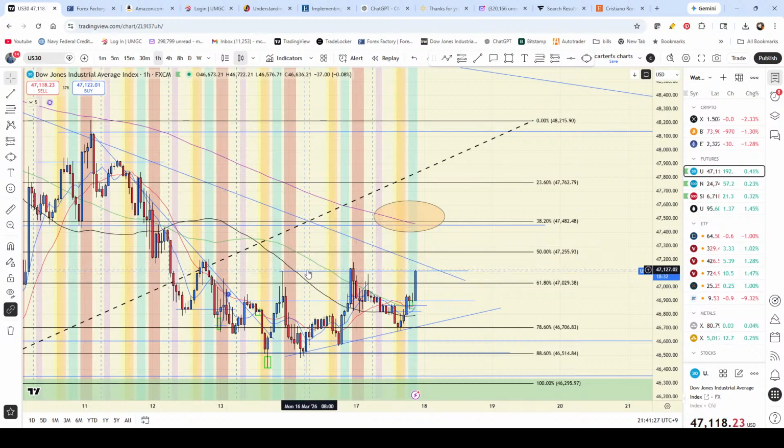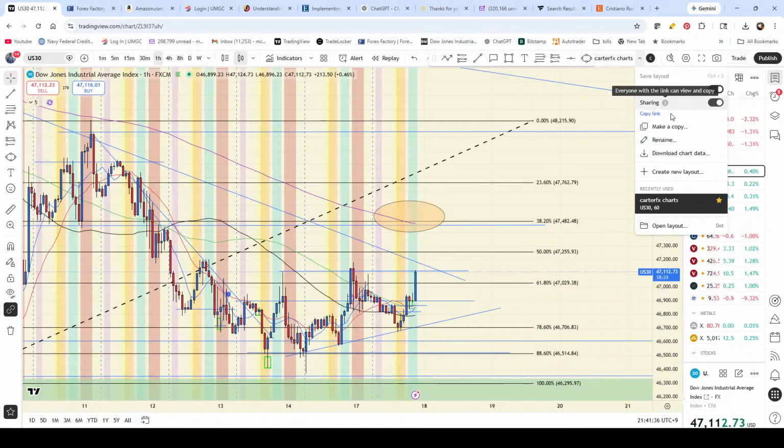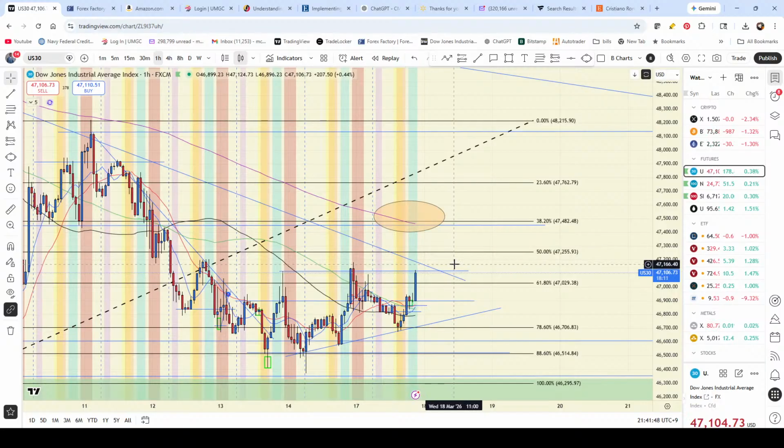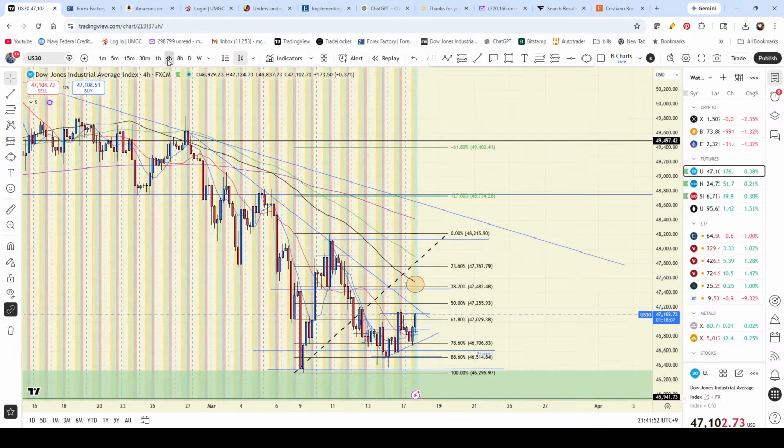We wanted to break through this resistance, man, without a lot of effort. Yeah, we wanted to plow through there.